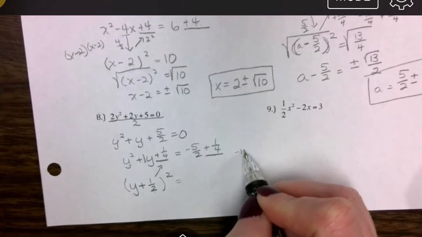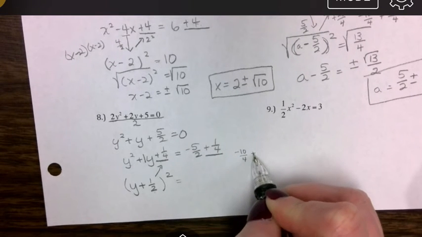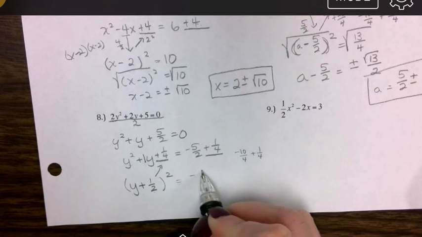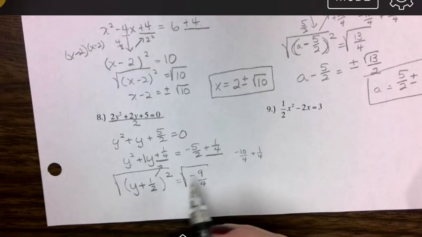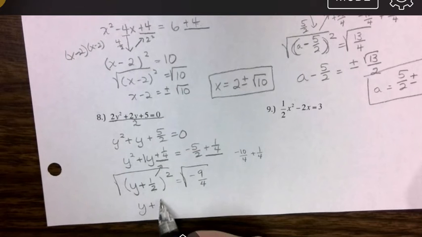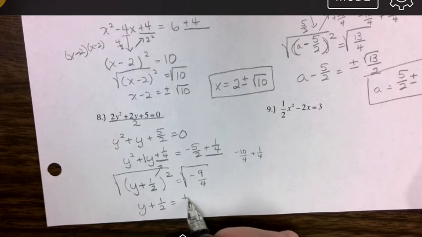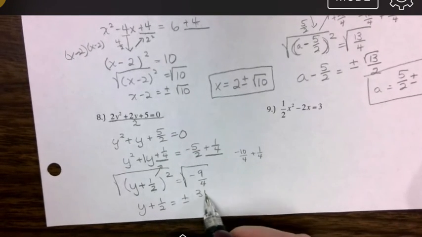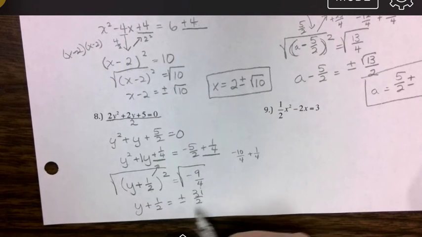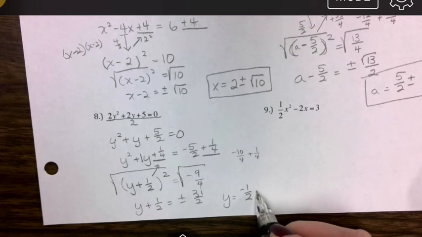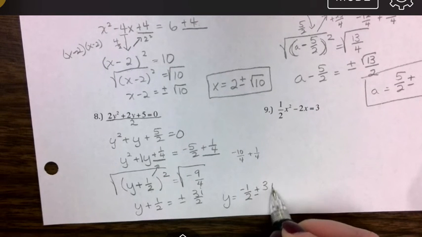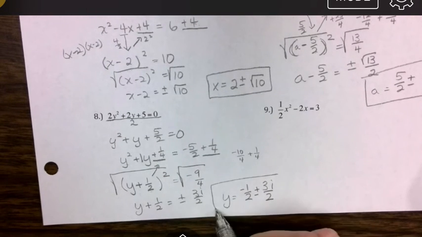Common denominator would be 4, so a negative 10/4 plus 1/4 would be a negative 9/4. Square root both sides, so I have y plus 1/2 is equal to plus or minus 3i over 2. So y is going to be equal to a negative 1/2 plus or minus 3i over 2.